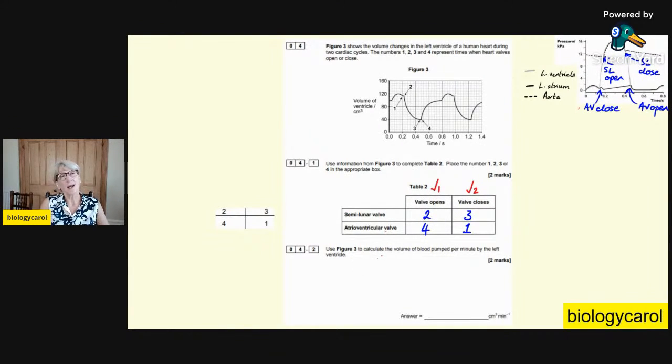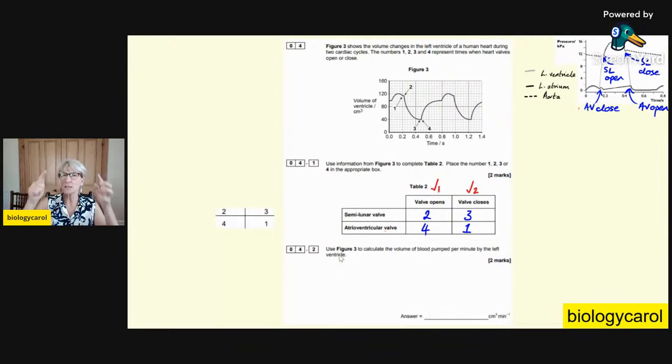Use figure 3 to calculate the volume of blood pumped per minute by the left ventricle. Now, just thinking about this logically, you are trying to work out from that graph the volume of blood that is pumped out of the left ventricle in 1 minute.